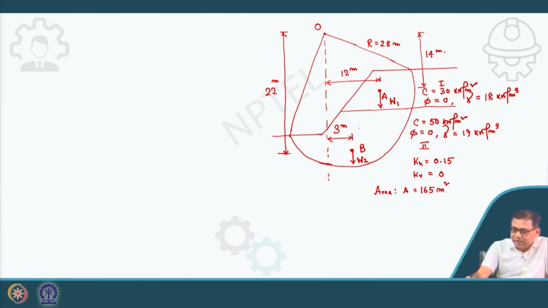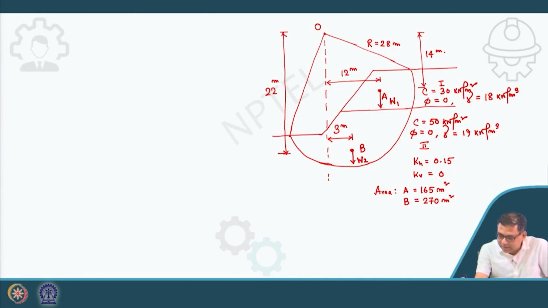A represents the failure mass of layer 1 and B represents the failure mass of layer 2. So A area is 165 meter square and B area is 270 meter square.